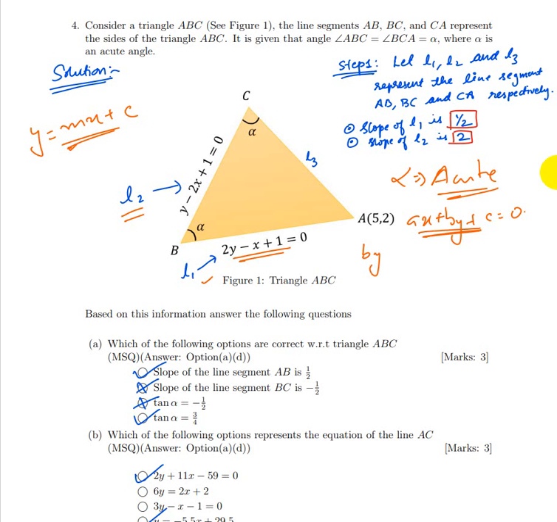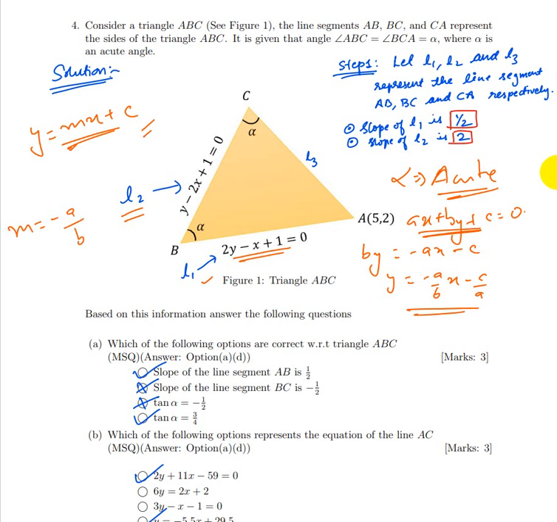So we are left with by is equal to minus ax minus c, y is equal to minus a by b x minus c by a. So if we compare this equation with this one, then we can say that slope of any line can be given by minus a of b.